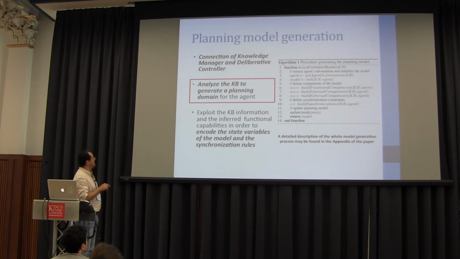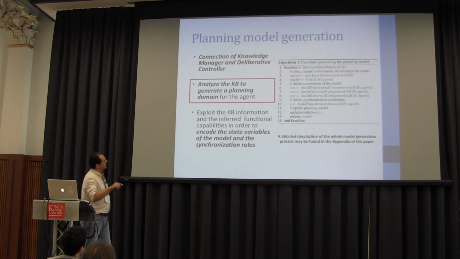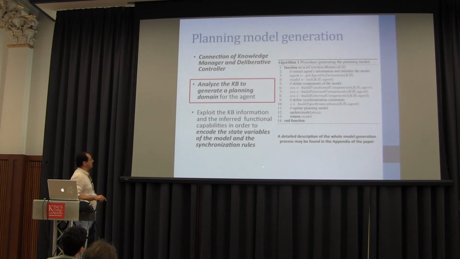This is basically the step that connects the knowledge manager and the deliberative controller components. It implements an analysis of the knowledge base in order to generate the blending domain for the agent, so it results in the most suitable domain with respect to the current situation. This is the very high-level algorithm. Again, in the paper's appendix you find the procedures driving the whole generation process.